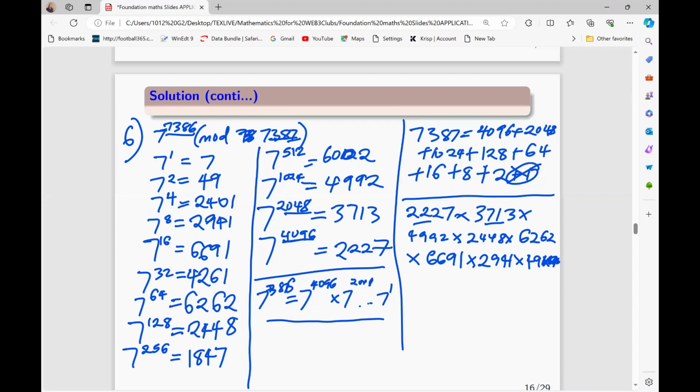So for the first two values, we're going to find that our mod is going to be 2798, and then we proceed to do 4992 times 2448 mod 7387.